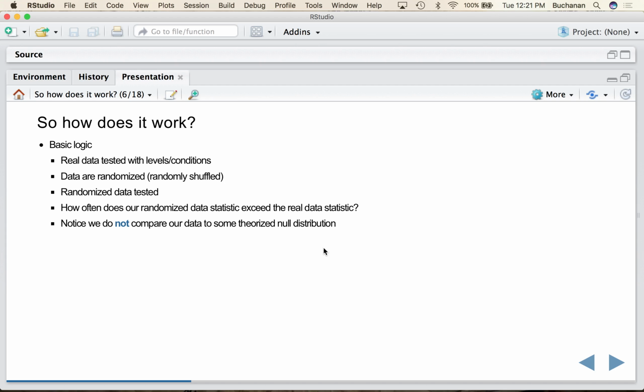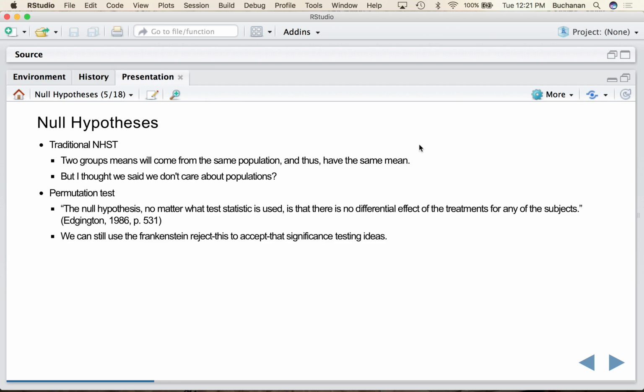Right? And so that's nice because if the data is random, like in your real data, if there's no difference between conditions, it wouldn't matter. I could randomly shuffle people around and I would get the same set of statistics. So the idea is conceptually pretty simple. If there are no differential effects, it doesn't matter which group we put people in.